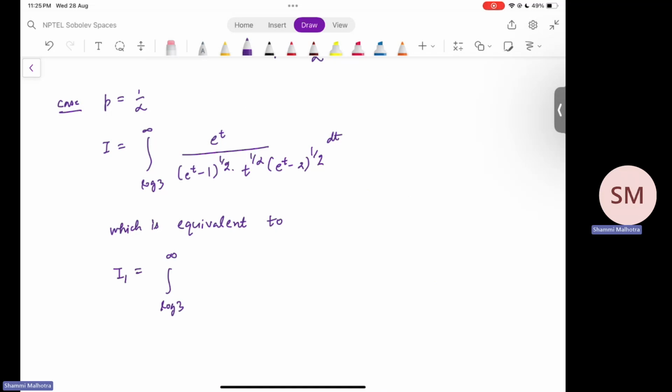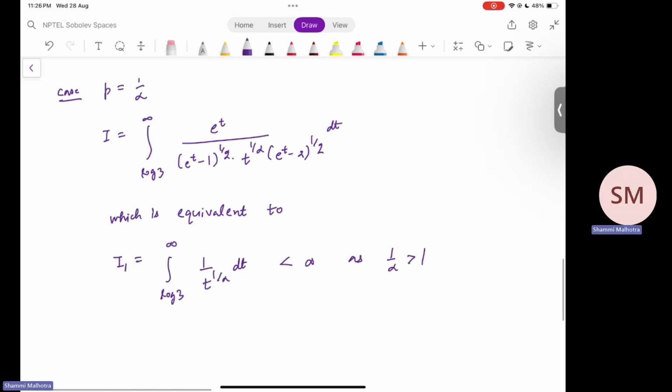So e^t has more or less the same power, and basically that limit converges to 1 only. This is the same convergence property as 1 by t^alpha only, and we know which is finite as 1 by alpha is greater than 1. So this is integrable. So ultimately we have this u to be integrable whenever p is equal to 1 by alpha.